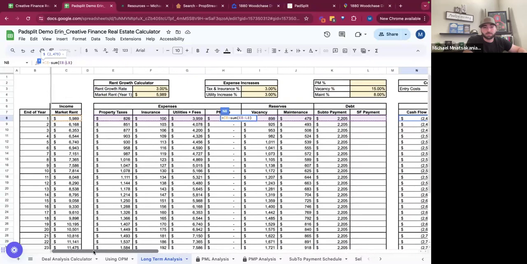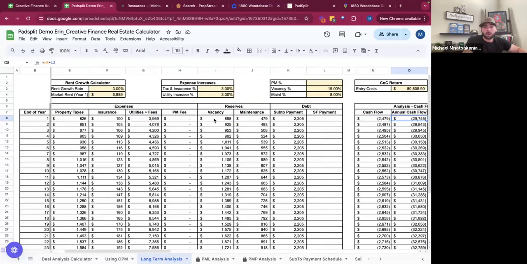C8, so your income. Why are your utilities and fees so high? Your income minus your taxes minus your insurance minus utilities and fees, property management, vacancy, reserves, and the loan payment. What the hell's going on?